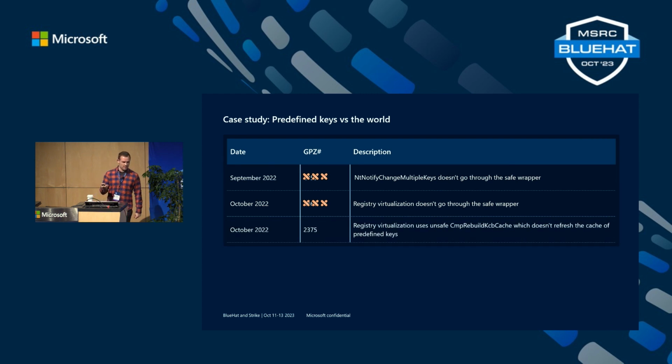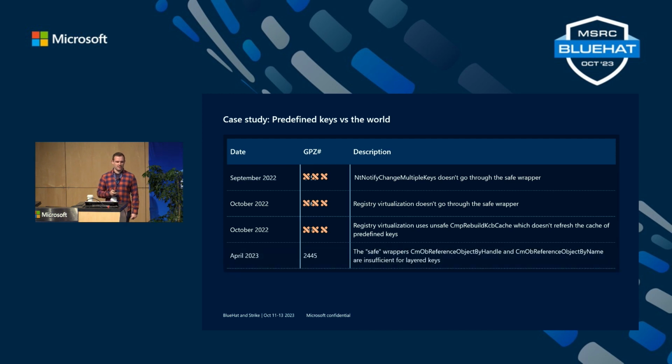And then in the same month, I again found, also related to registry virtualization, an unsafe function called CmpRebuildKcbCache, which ignores predefined keys when refreshing the security cache after performing the key replication process. That was fixed again by Microsoft by manually refreshing the security cache when the security of a key was changed.